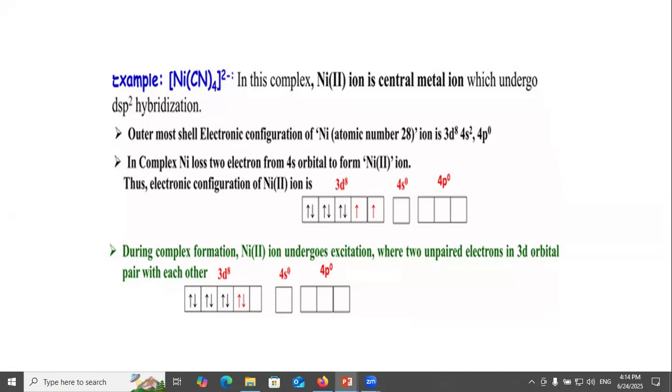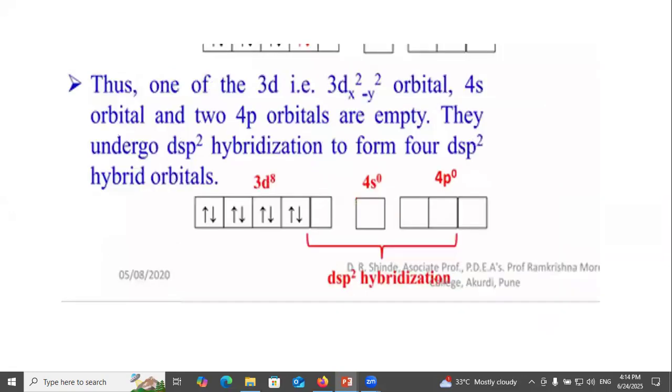During the complex formation, nickel +2 ion undergoes excitation where the two unpaired electrons in 3d orbitals pair with each other. Thus, one of the 3d orbitals, that is the 3dx²-y² orbital, the 4s orbital and two 4p orbitals are empty. They undergo dsp2 hybridization to form 4 dsp2 hybrid orbitals.